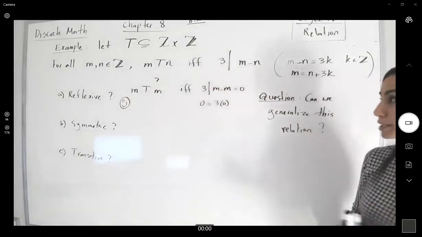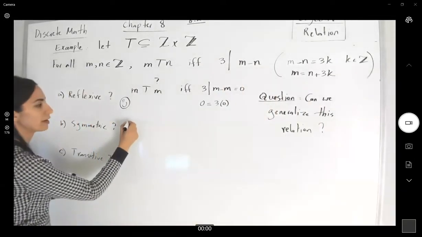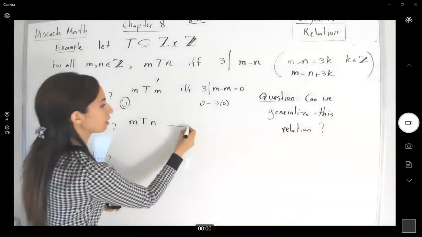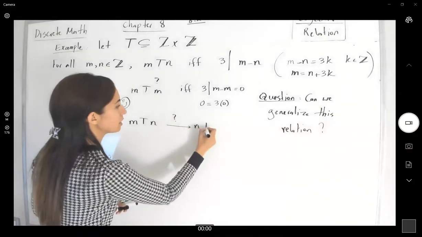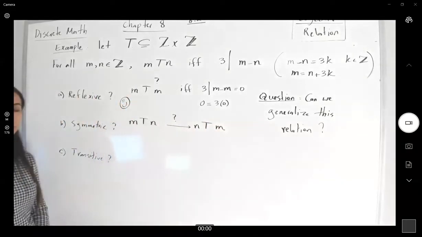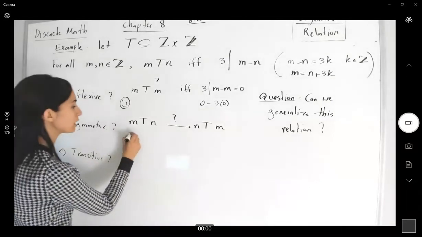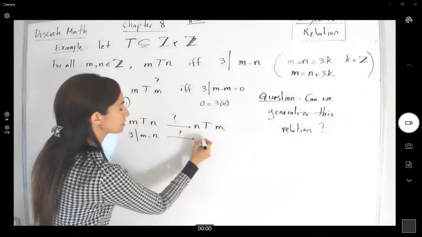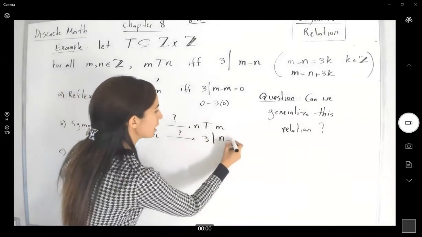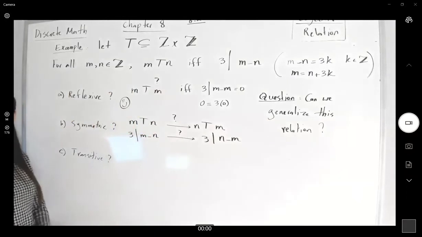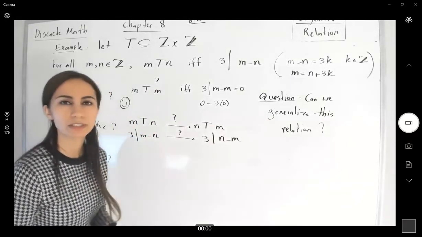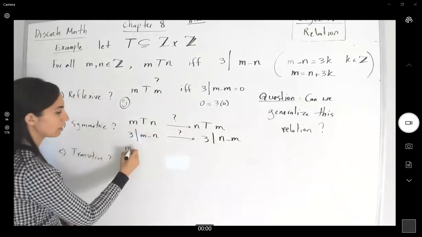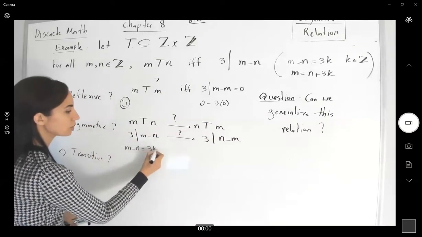Is it symmetric? It means that if M is in relation with N, can we conclude that N is in relation with M? Or in other words, if 3 divides M minus N, can we conclude that 3 divides N minus M? Okay, we know the definition of divisibility. We know that there exists an integer like k such that M minus N is equal to 3k.